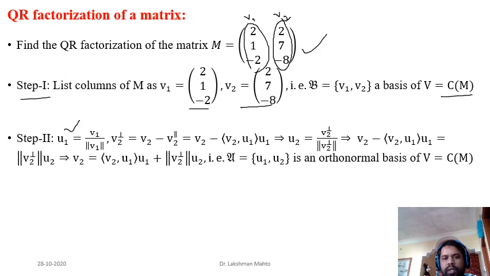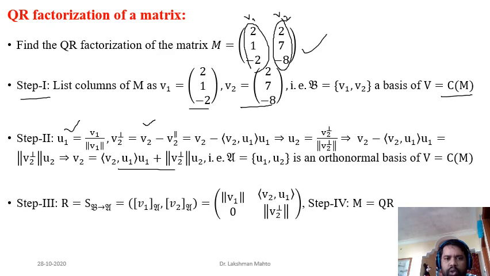Now in order to get u2, you have to find v2 perp, then u2 would be the normalized version of v2 perp. So this is the step to get the orthonormal vectors.